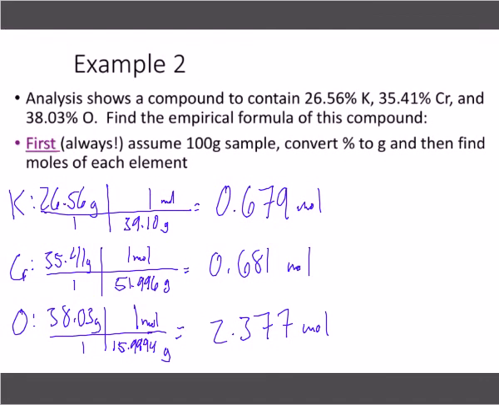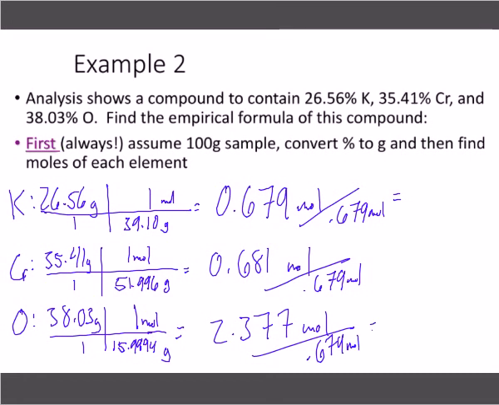What's our next step once we have moles? So percent to mass, mass to mole, divide by small. Which one's the smallest? Yeah, potassium. So we're going to divide by 0.679 moles for each of them. Obviously, potassium's pretty easy.